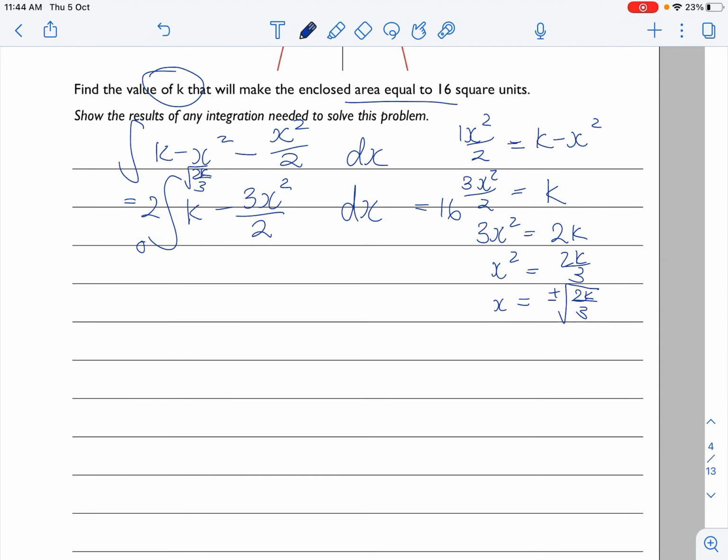So k, because we're integrating with respect to x, becomes kx minus, so increase the power by 1, so that becomes 3x cubed over 3, which is 6. 2 times 3 is 6. And we're going to find the area between root 2k over 3 and 0. Okay, we're going to times it by 2 as well, because we know that equals 16.